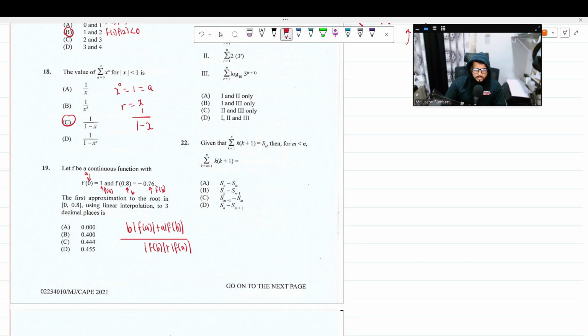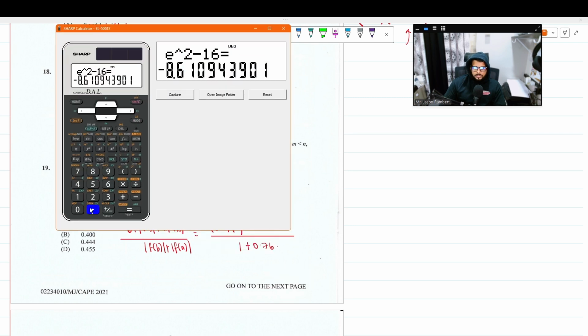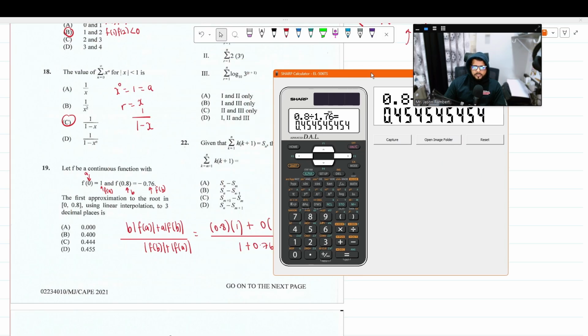This is using the first approximation. So b, 0.8, by f of a, which is 1, plus a, 0, multiplied by, I don't care, I'll get 0, over mod f of b plus mod f of a, 1 plus 0.76. So 0.8 over 1.76, 0.454545, and to 3 decimal places, 0.455. The answer is D.